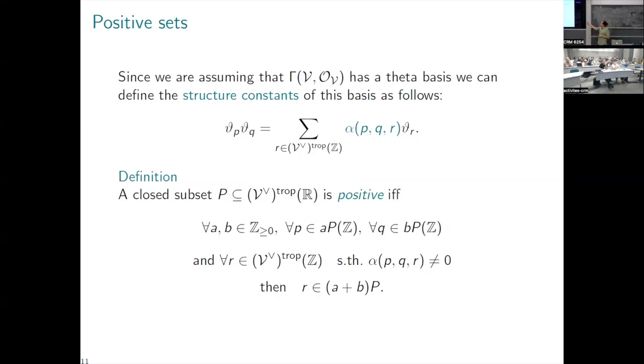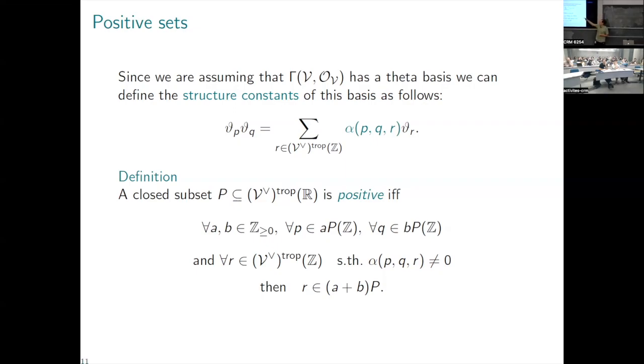So if we suppose V has a basis of theta functions, meaning its ring of regular functions has a basis of theta functions, then we can construct the structure constants associated to this basis. Namely, if I take two basis elements, theta p and theta q, then their product is again a global function.